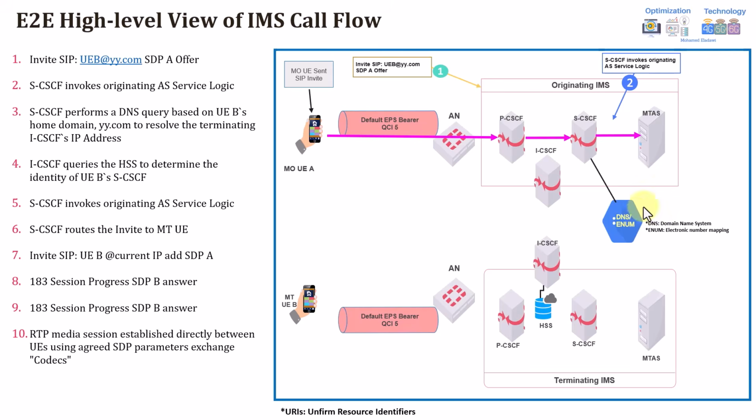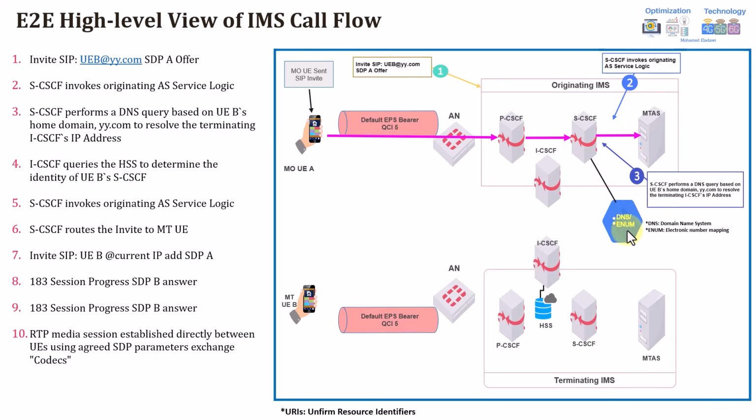So it's invoking or asking the DNS and ENUM to perform the query based on the UE B home domain. For example, this was a home domain, ub@yy.com. Then the DNS will resolve it to the terminating I-CSCF IP address. So this is the DNS main job, to resolve this domain into IP addresses.